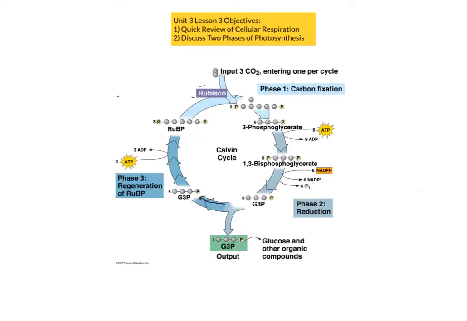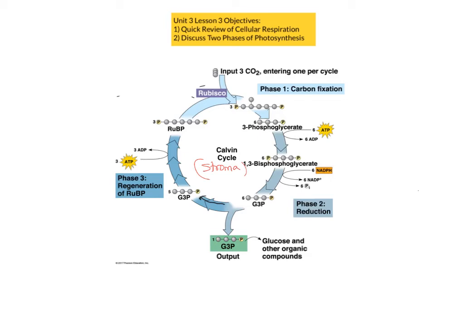Okay, so the second phase is called the Calvin cycle, or the light-independent reactions. Now, what we're going to see for the Calvin cycle, which is occurring in the stroma, is that these are a series of endergonic reactions that are going to be powered by the energy-carrying molecules that were produced in the light-dependent reactions.